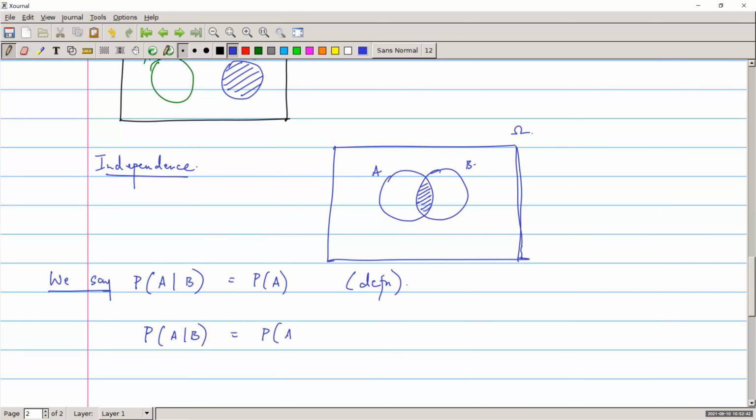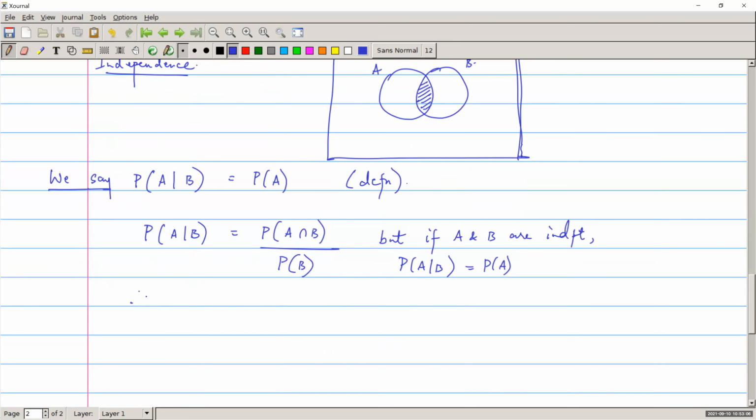This is the probability of A intersection B divided by the probability of B. If A and B are independent, the probability of A given B must be equal to the probability of A. Therefore the probability of A intersection B divided by the probability of B must be the probability of A. Or, if you just look at these two, it means that the probability of A intersection B is the product of the probability of A and the probability of B.